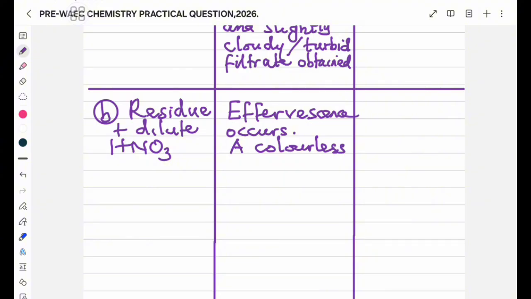So the gas that will be released from this reaction is colorless and odorless. A colorless and odorless gas is released, or is evolved.